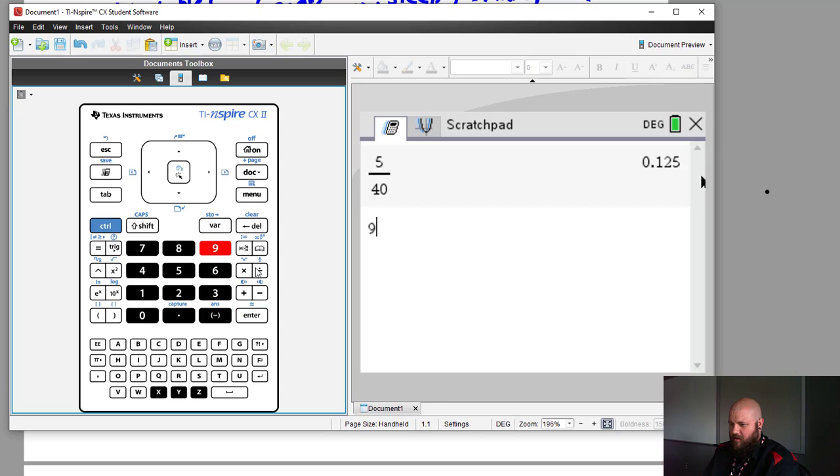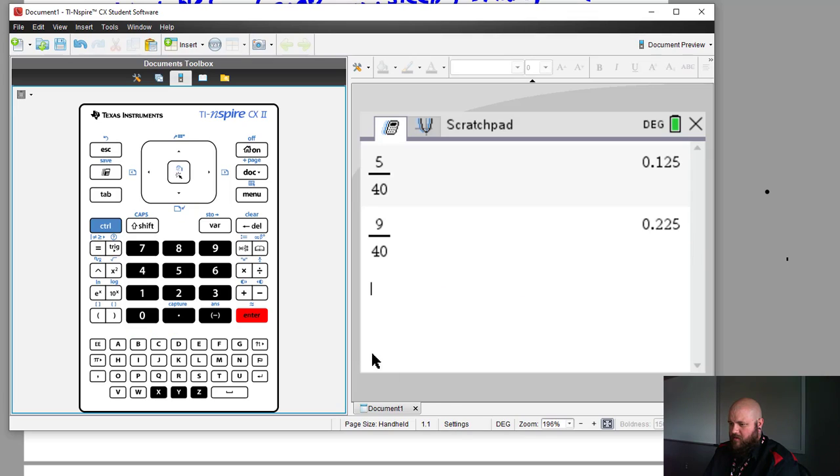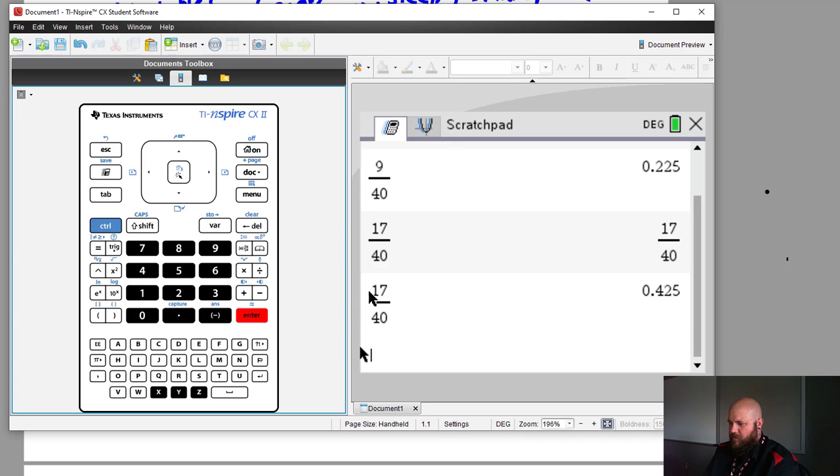Gives you 0.225. And then our last one is going to be 17 divided by 40. Which is 0.425.